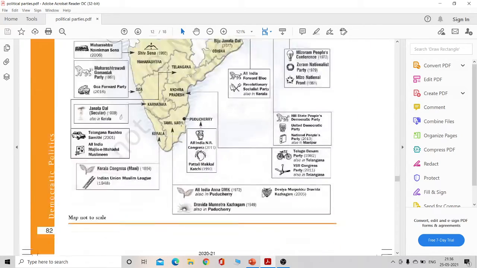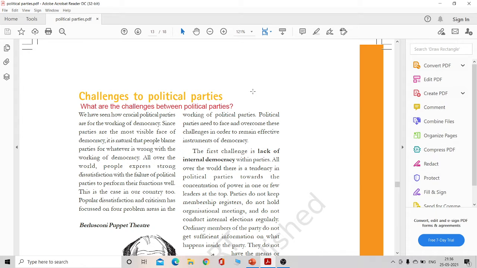Now coming further down, there is a very important 5-marker question that is asked: what are the challenges that political parties face?